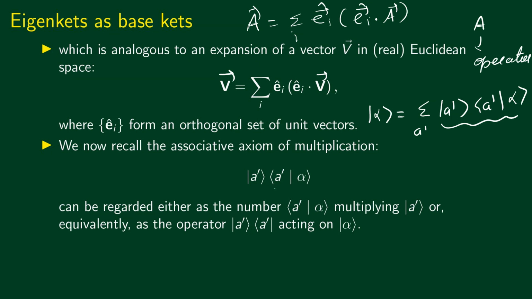You can think of it as a number multiplying a ket, or as an operator acting on ket alpha. So this can be regarded either as the number bra A prime ket alpha multiplying ket A prime, or equivalently as the operator ket A prime bra A prime acting on ket alpha. These are equivalent ways of interpreting this expression.